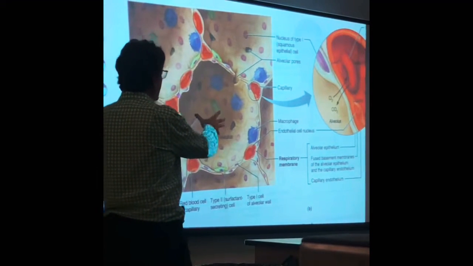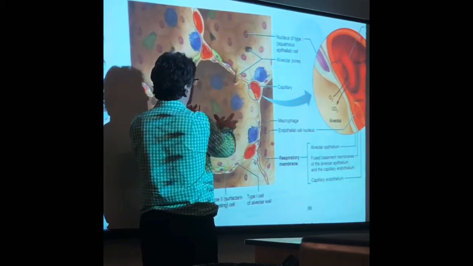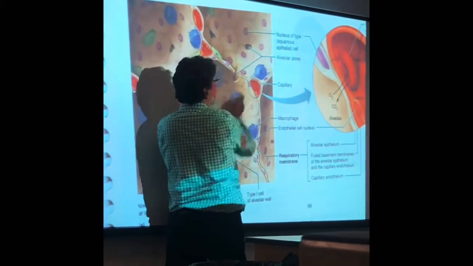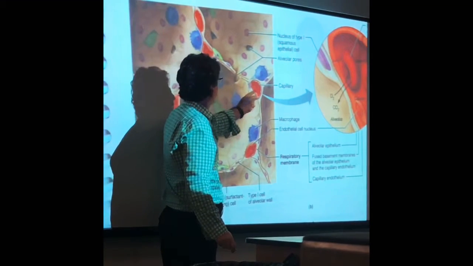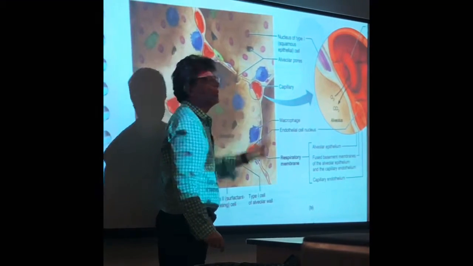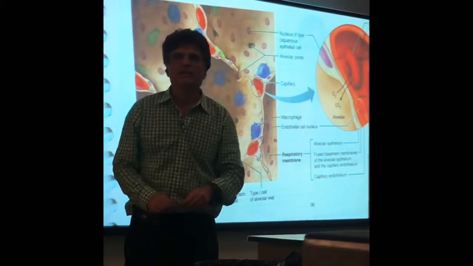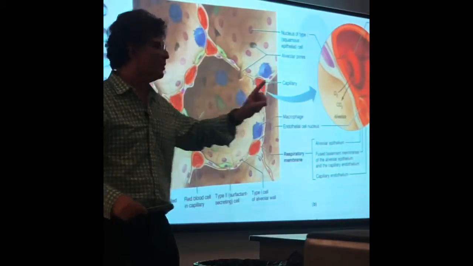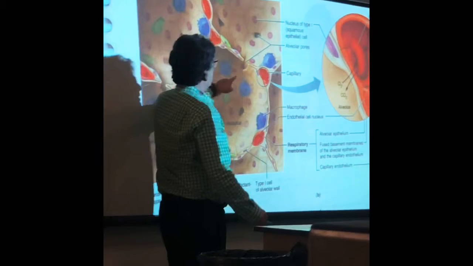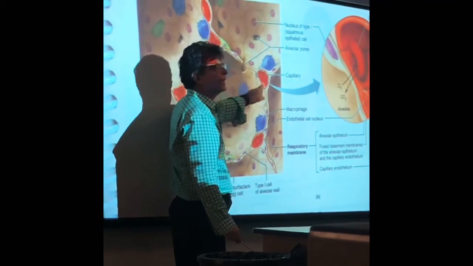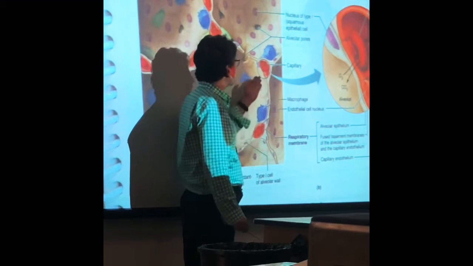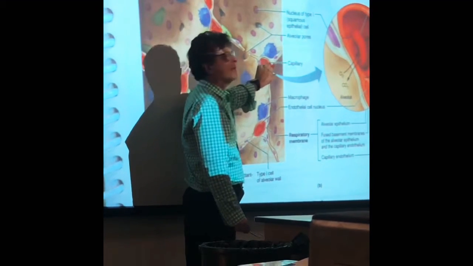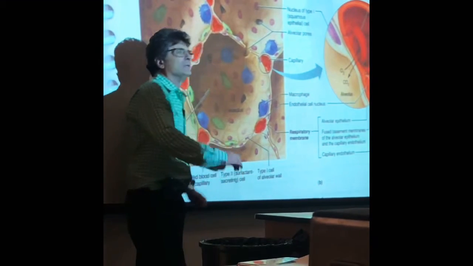It moves from an area of a higher partial pressure into an area of a lower partial pressure. And they do that by diffusing through squamous epithelium. They share the basement membrane with the squamous epithelium of the capillary. So it makes it very easy. Oxygen goes in, carbon dioxide comes out.